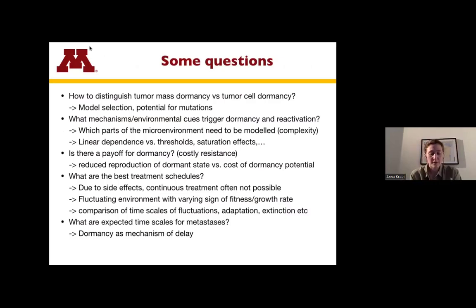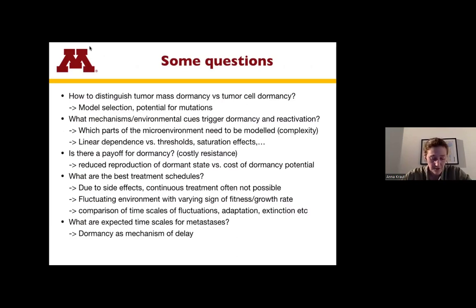So based on these examples and many other things, I have a long list of open questions considering dormancy in cancer, but I think there are many questions that are actually aligned with studying viruses.